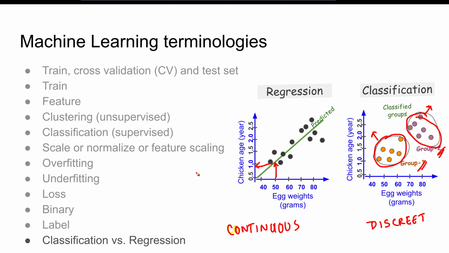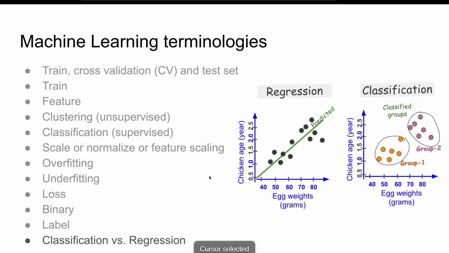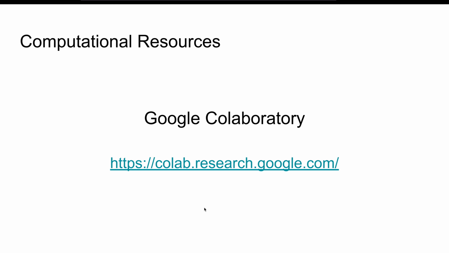Now moving on, let's look at what computational resources we have available apart from Jupyter Notebook. Here I've put Google Colaboratory, and this is really helpful. This is the site, you definitely want to check it out. You'll need an email account, so a Gmail account would work for this.